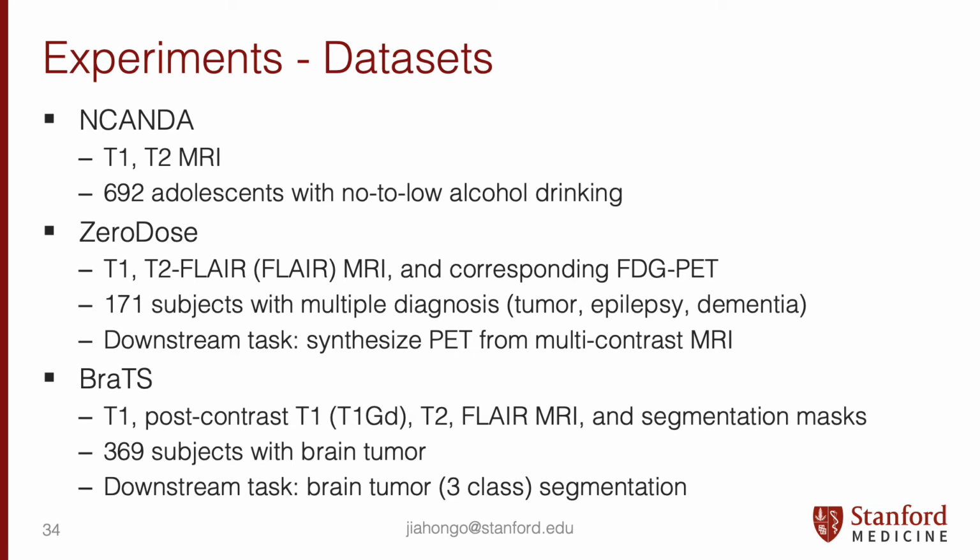The downstream task on this dataset is to synthesize PET images from multi-contrast MRI images. The last dataset is BraTS. It consists of 4 MR contrasts, T1, post-contrast T1, T2, and T2 FLAIR MRI, and their corresponding segmentation mask. It's from 369 subjects, all with brain tumor. The downstream task on this dataset is brain tumor segmentation.